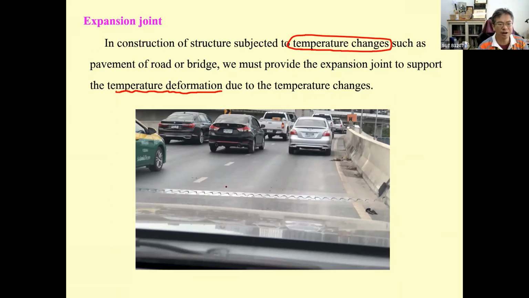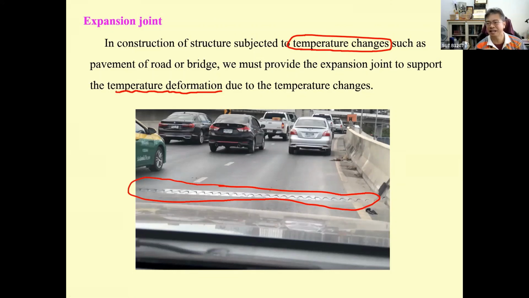So in road pavement, they provide expansion joints to let the pavement move due to the temperature change at midday, and at midnight, when the structure cools down, it will shorten back. So this expansion joint is needed for some kinds of structure in order for the structure to perform properly.